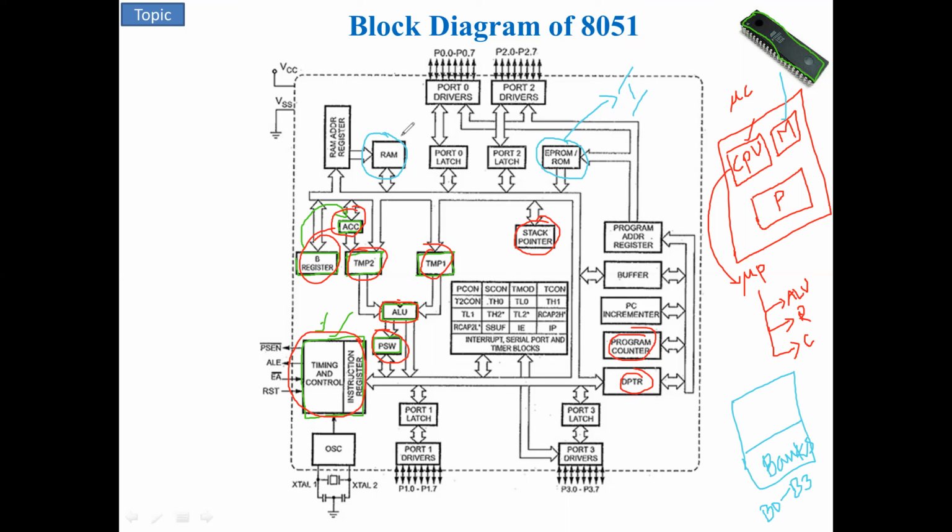Now we have discussed RAM and ROM. It has banks. Along with that we also have some more general purpose registers here, and some bit addressable registers. Everything starts from 00 to 7F in hexadecimal form.